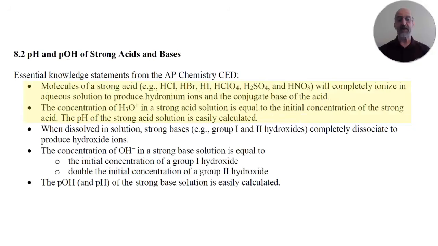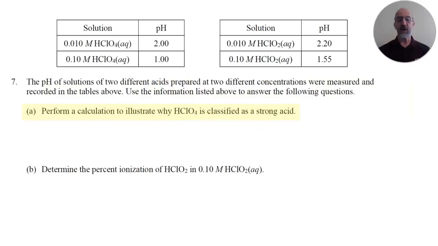So remember that with strong acids, they are completely ionized in aqueous solution. So the concentration of the hydronium ion in a strong acid solution is equal to the initial concentration of the strong acid. So what is the negative log of 0.01? Again, the negative log of 0.01 is equal to 2.